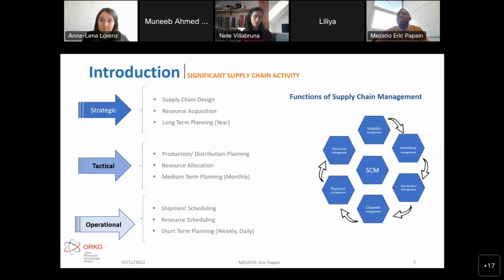The second level of modelization of the supply chain is the tactical level, where we have production and distribution planning, and again resource allocation, but in the very short term. And the last is the operational level, where we have problems of shipment, resource scheduling, etc.